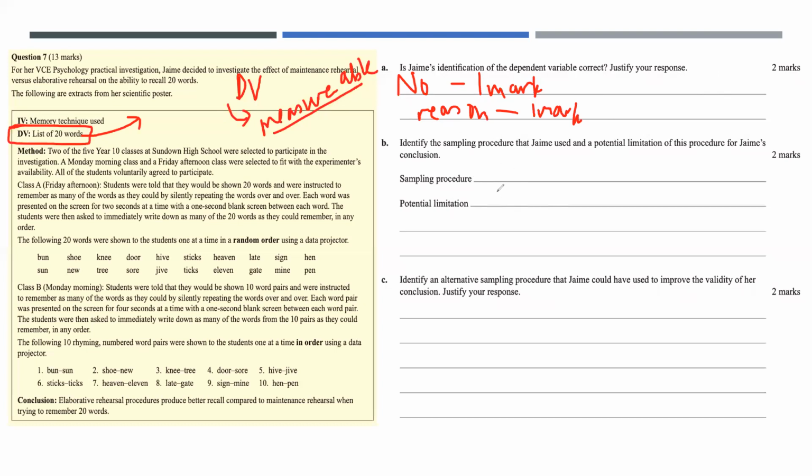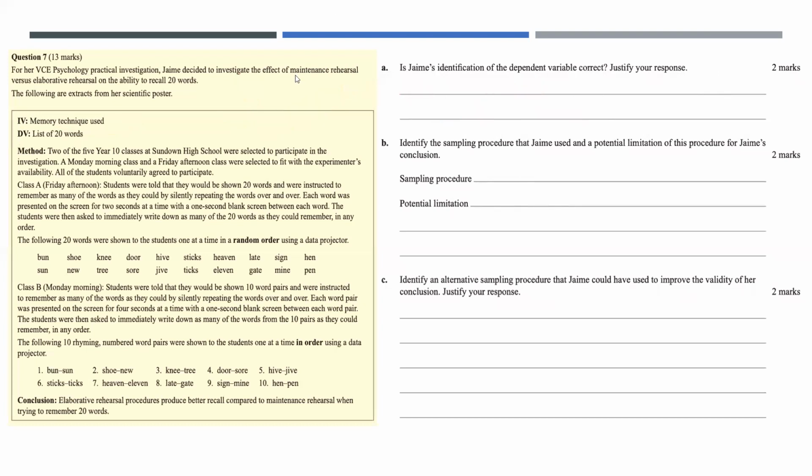The next one we kind of answered when we were going through the scenario, but what was the sampling procedure for this scenario? Convenience sampling. Yes, correct. Whenever it's a sampling procedure, we're talking about the sampling technique that was used, or the type of sampling. Is it random sampling, convenient sampling, or stratified sampling? In this case it's obvious that it's convenient, simply because it says those students were selected to fit in with the experimenter's availability.